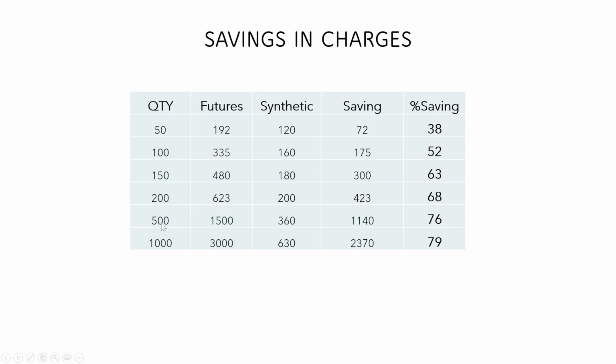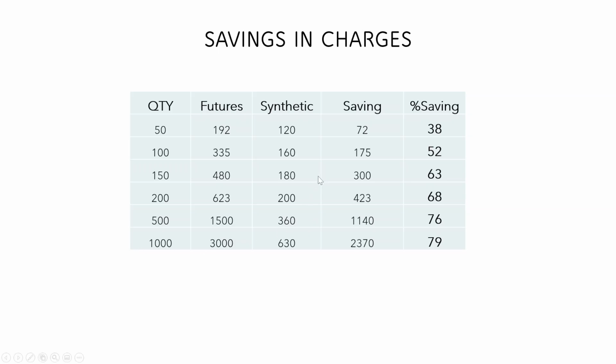So if you're trading 500 quantity, your futures per trade charge is 1500. Synthetic futures is only 360 rupees. Savings is 1100. This is huge per trade, right? Percentage savings 76%. And as you go higher, you will see the percentage savings are low. And you can actually, can you show a trade comparing index futures and synthetic futures?